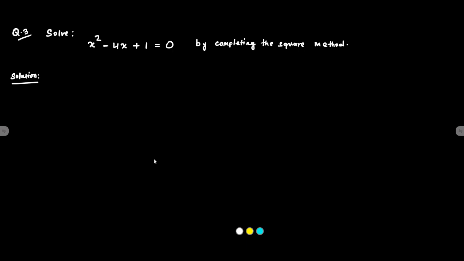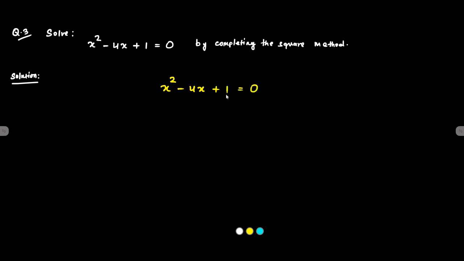So here is another question on solving quadratic equations through the completing the square method. The equation given is x square minus 4x plus 1 is equal to 0 and we have to solve it. So first, as usual, we will be writing the quadratic equation in the proper format, as it is given.